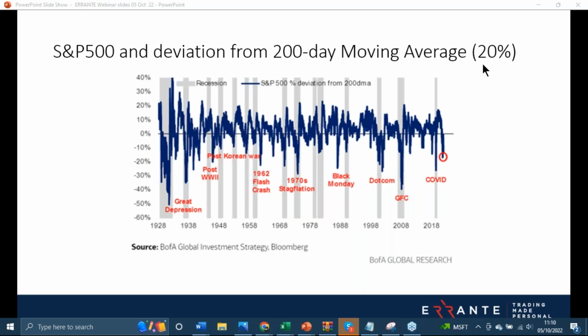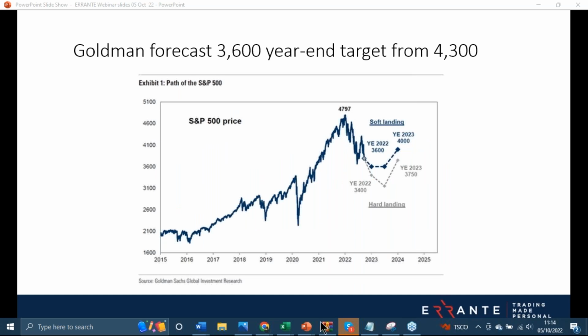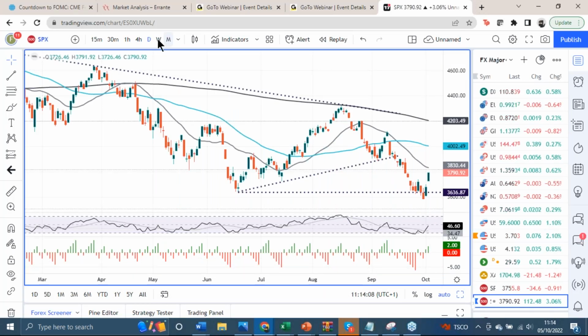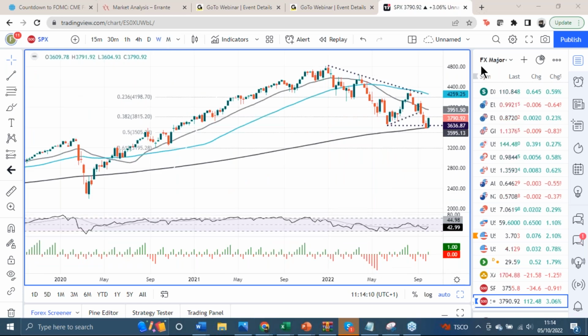So technically, if we have a look at the charts, this is the S&P 500, the weekly chart. We should point out that bearish engulfing candle you can see there, and then that break of near-term trend line support, and then we had three weeks of quite strong sell-off.